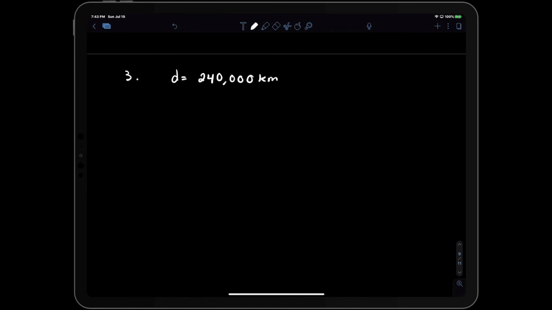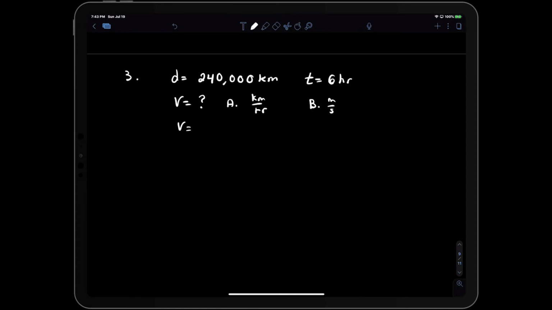And we have during the first 6 hours, so the time is 6 hours. It says after launching, what is the average speed? And again, we have a 2-part thing. So we need what the average speed is in part A. It's asking for kilometers per hour. And then for part B, it's asking for meter per second.